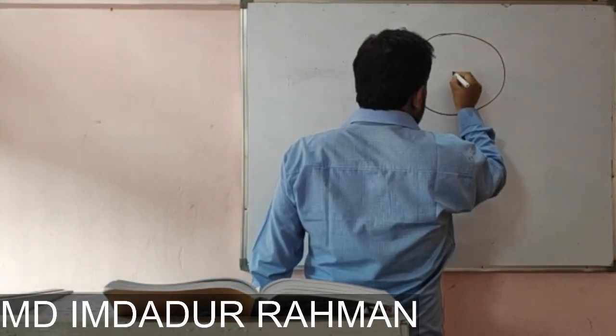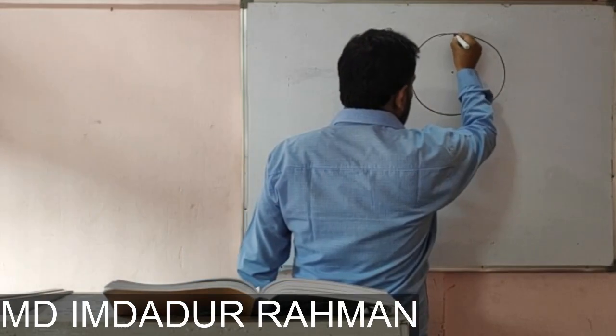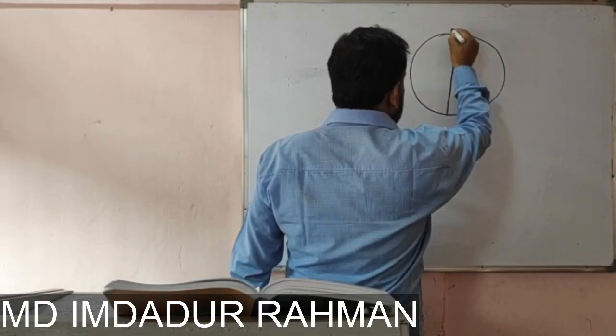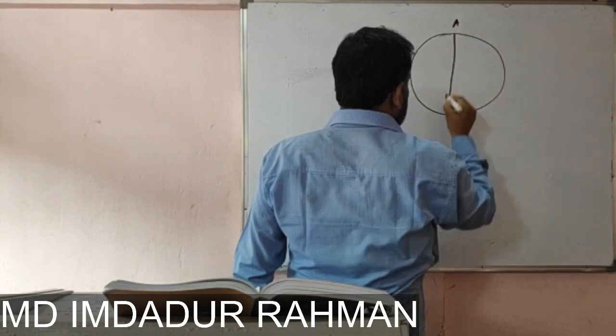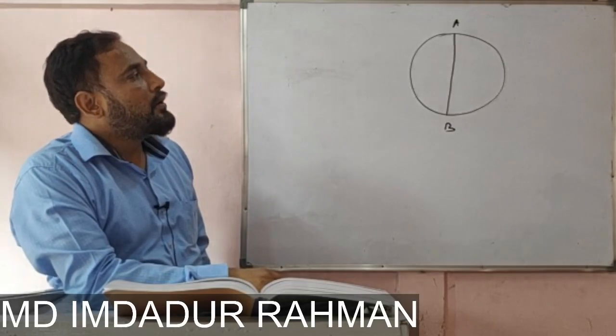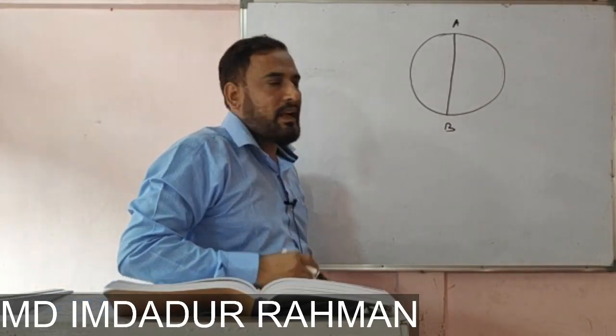So here it is a circle, and let AB be the diameter, and now we have to draw two tangents at the ends of the diameter.